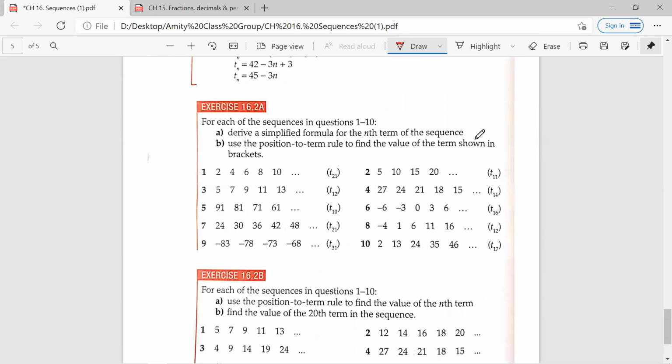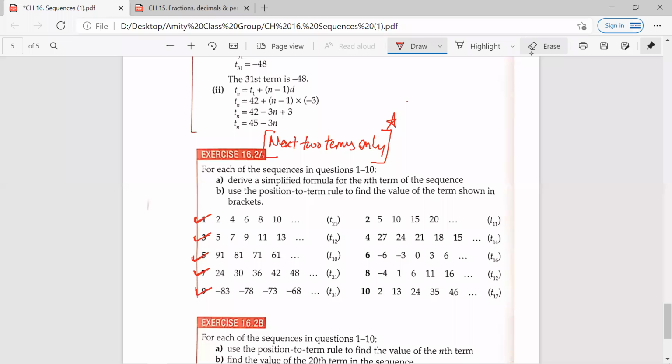Okay. So more or less we have understood how to do questions. Can you please do question number 1, 3, 5, 7, 9? Just do these questions. Basically, this question is about the simplified formula for the nth term, the position to term rule.